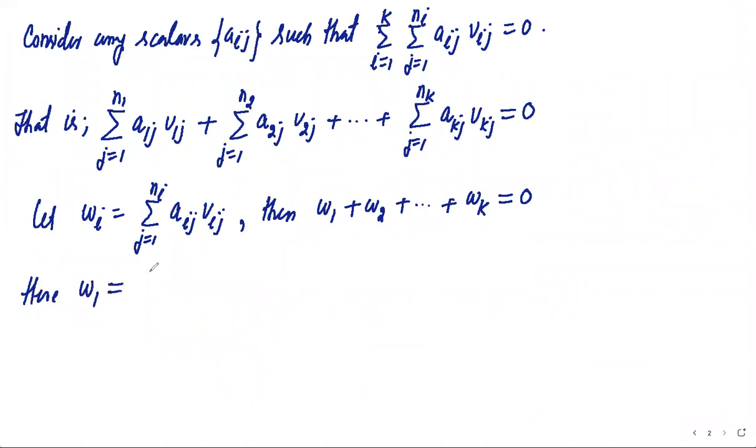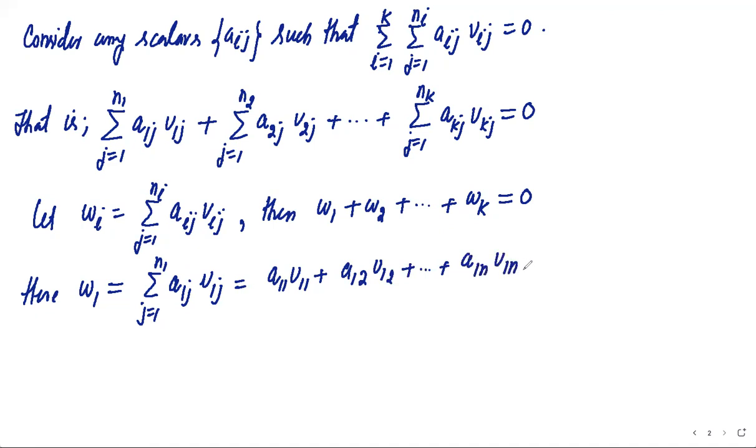Then this is equal to summation j from 1 to n1 a1j v1j. Now if we expand it, this is a11 v11 plus a12 v12 plus so on plus a1n1 v1n1. So this is w1.